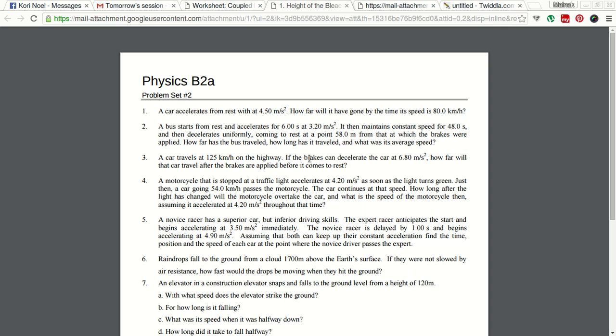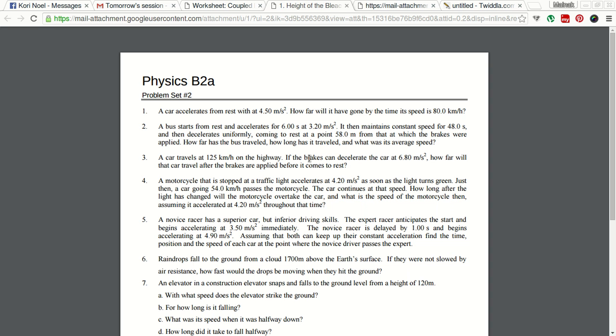So it accelerates for 6 seconds, maintains a constant speed for 48 seconds, and then brakes are applied.